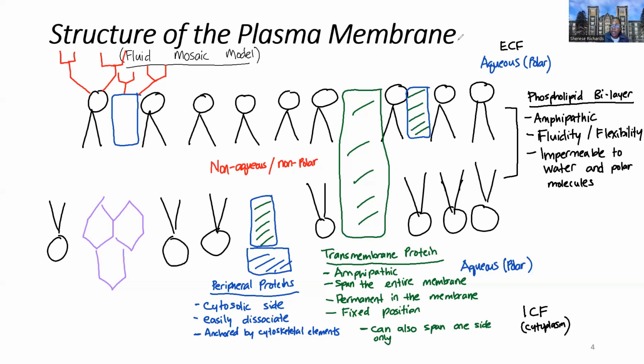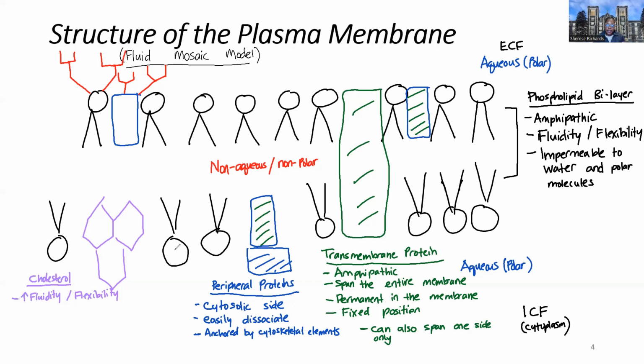Let's look at cholesterol. And cholesterol also helps to offer fluidity and flexibility. These are these fatty rings that are inserted into the membrane. So these increase the fluidity and the flexibility. Okay. Another thing that cholesterol does is it breaks up the phospholipid interaction.